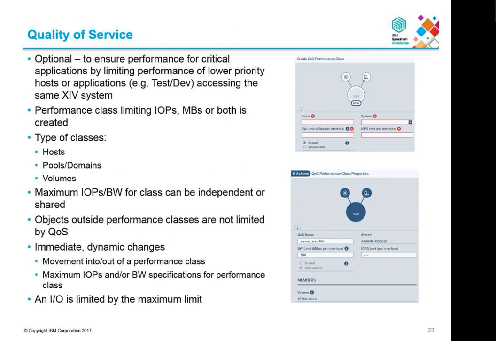So let's say it's the same host, and it's set to 15,000, but I only have each volume doing 1,000. Again, I'm going to use the most restrictive. So that host will never get 15,000 IOPS. The most it can get is 10,000 IOPS, because each volume it sees has a limit of 1,000 each. So again, the most restrictive limit, regardless of where it's applied.